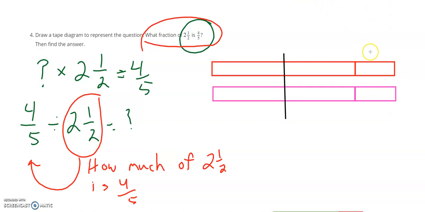So we've got 2.5. Let's see how we did. That's about a half. So when drawing 2.5, it's easier to draw the whole numbers and then the fraction.